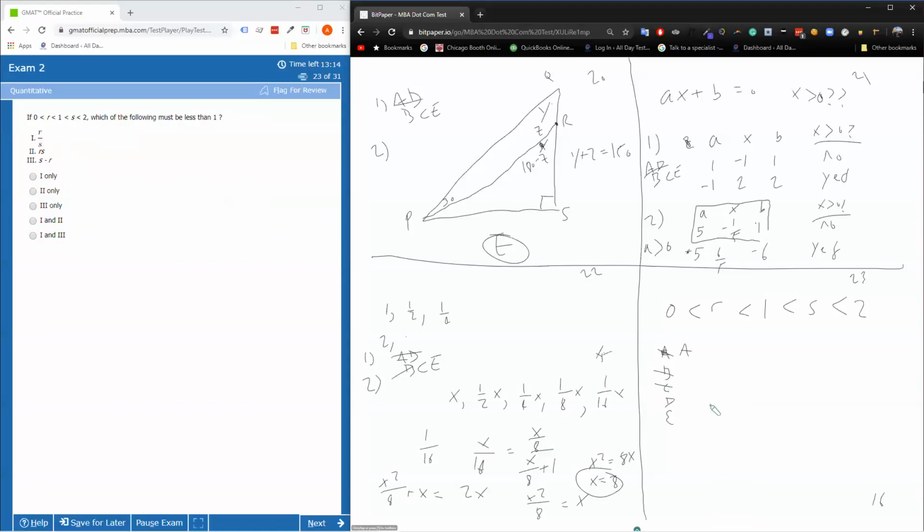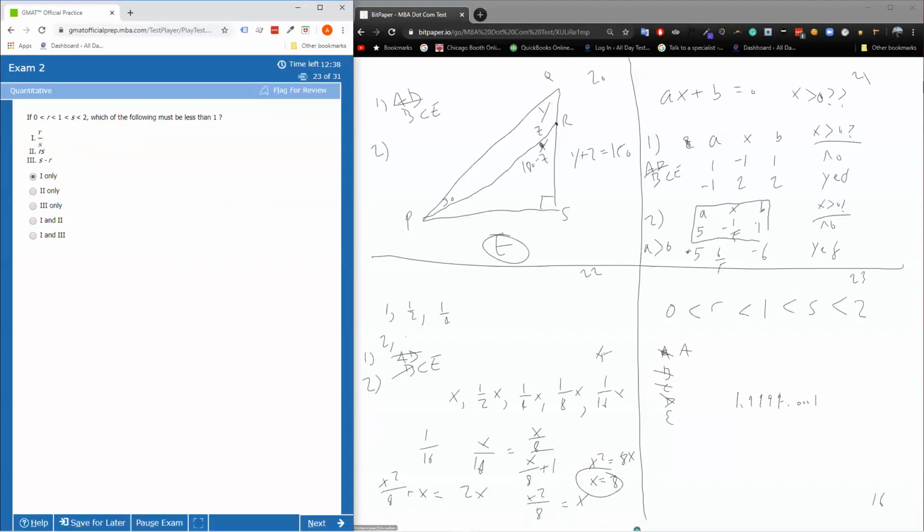R times S: we can have 0.99999 times 1.999, so that does not have to be true. S minus R: it could be 1.999 minus 0.0001, so that doesn't have to be true. So only 1.